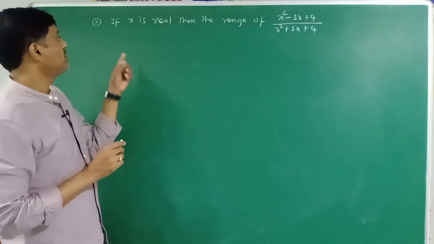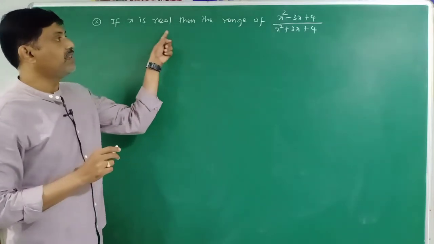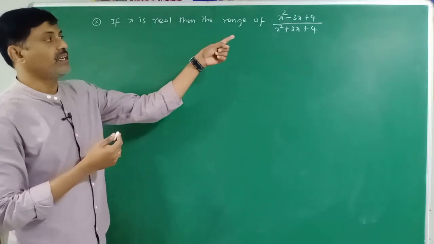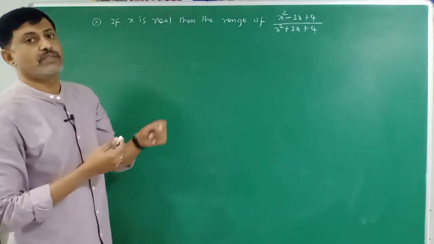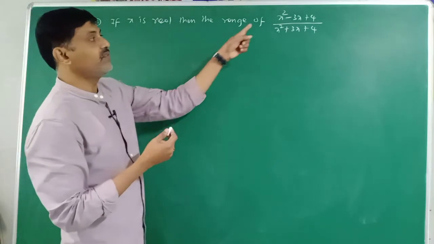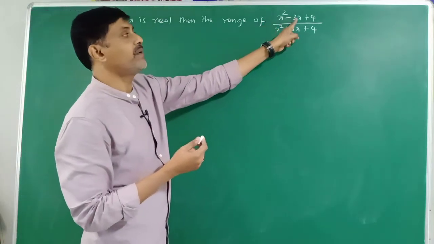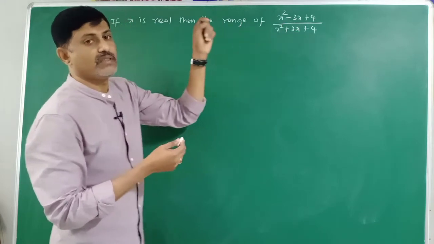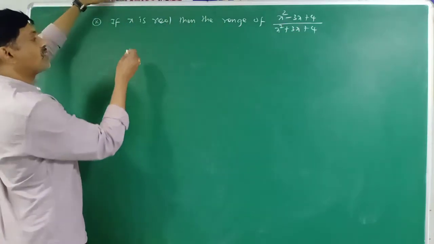Okay students, next question: if x is real, then find the range of (x² − 3x + 4)/(x² + 3x + 4). Clearly it is in the form (ax² − bx + c)/(ax² + bx + c). Now what is the minimum, what is the maximum?